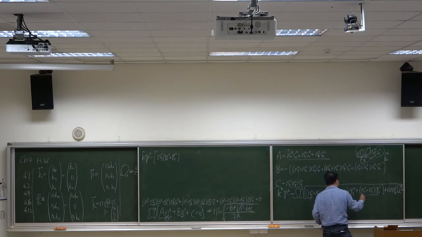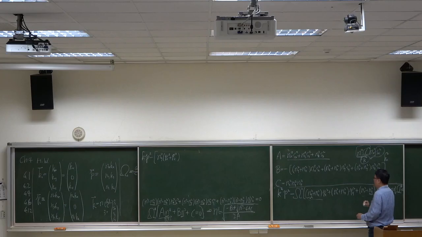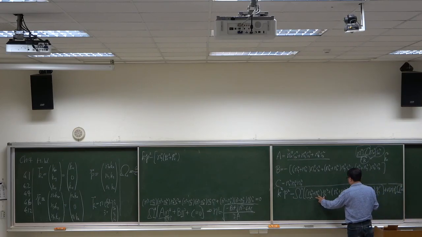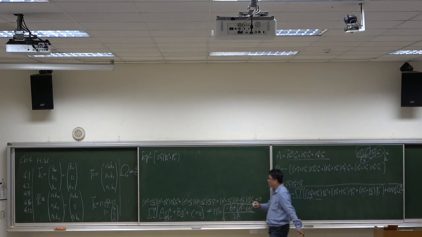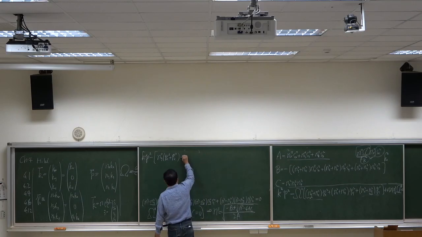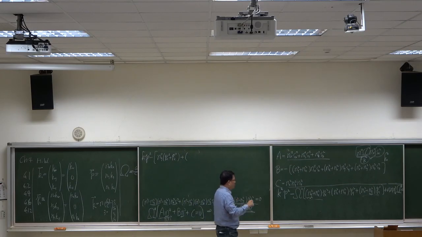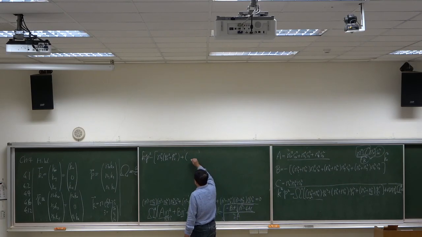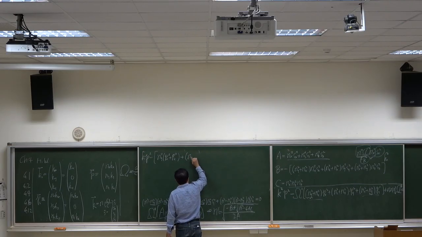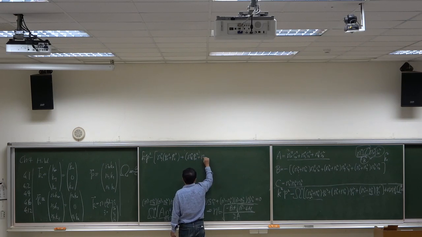Okay. ny squared, and we have nz squared px squared plus nx squared pz squared.